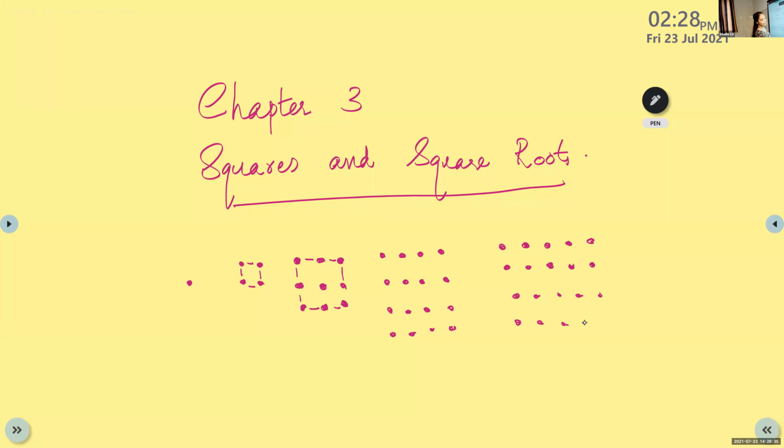So children, when we plant a garden, if you are placing some plants, or in a plantation you are planting saplings, it can be a square shape, or when soldiers are marching, it will be a square shape normally, right?